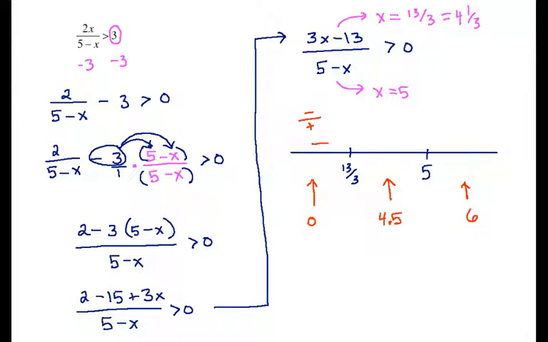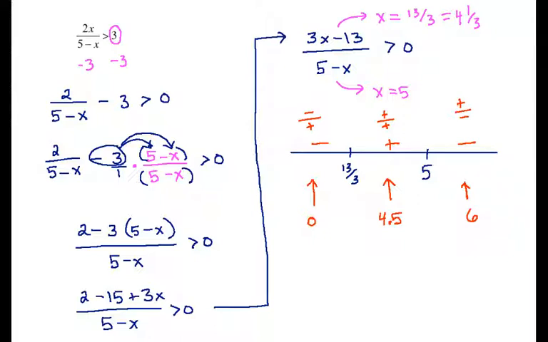If x is 4 1/2, so it's a little bit bigger than 4 1/3, my 3x minus 13 is going to come out to be positive, but 5 minus x is still going to be positive, and so my ratio is going to be overall positive. If x is 6, that numerator is now going to be positive, and the denominator is going to be negative. So that ratio is going to give me a value that is negative.